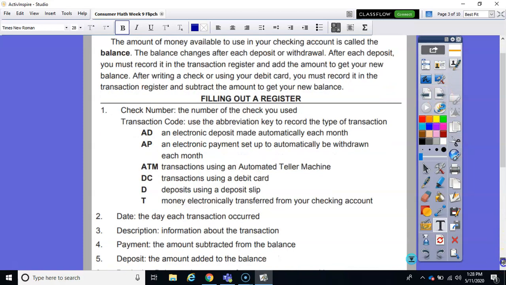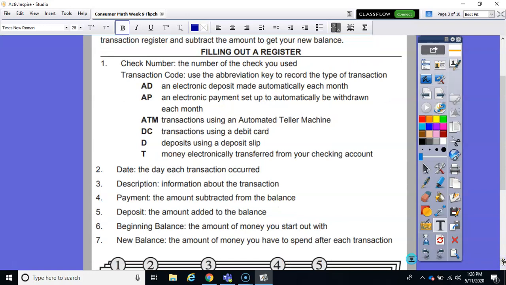So with filling out a transaction register, the check number is the number that's on the check, so you know exactly which check was written for what. The transaction codes are the ones listed down here.